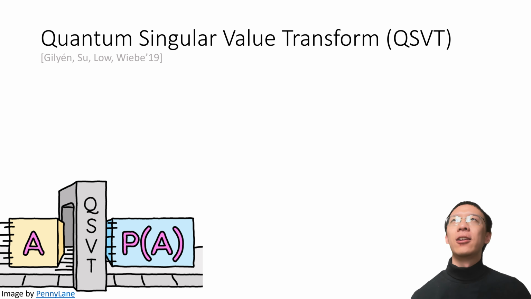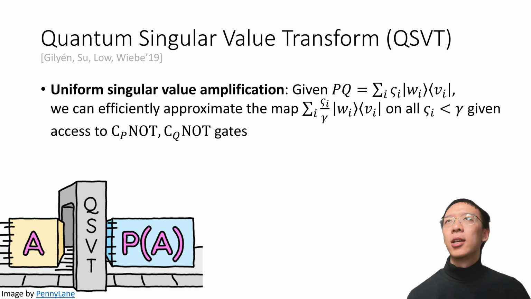So here we are going to use the technical tool of quantum singular value transform, or QSVT, in order to help us overcome this quantum rewinding challenge. In particular, we are going to use a special case of QSVT called uniform singular value amplification.